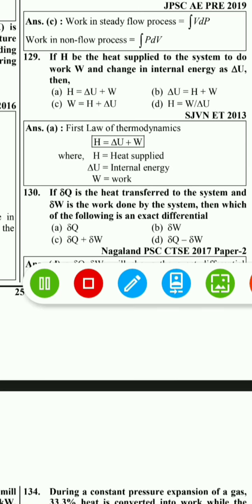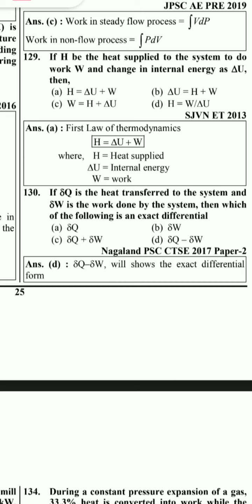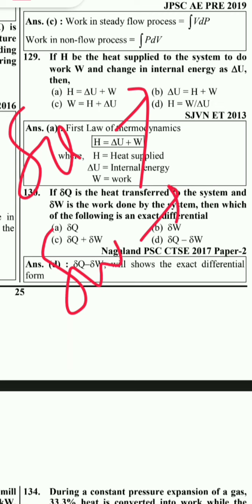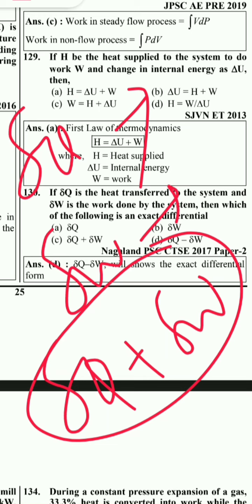So one can write that del Q is a path function, so it is not an exact differential. Again del W is also not an exact differential. Then the summation of del Q plus del W does not give any definite property of a system, so it is also not an exact differential.